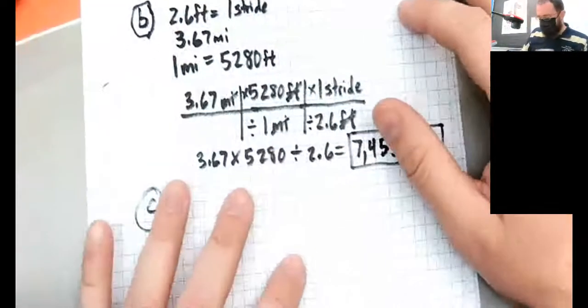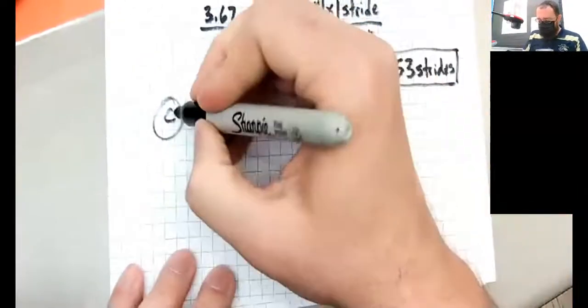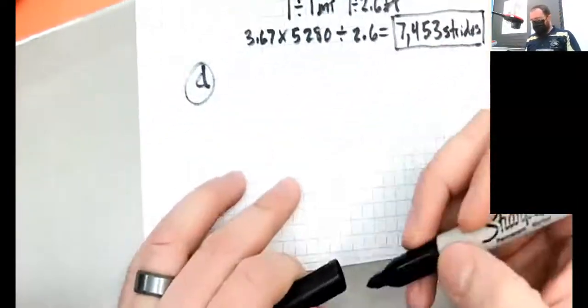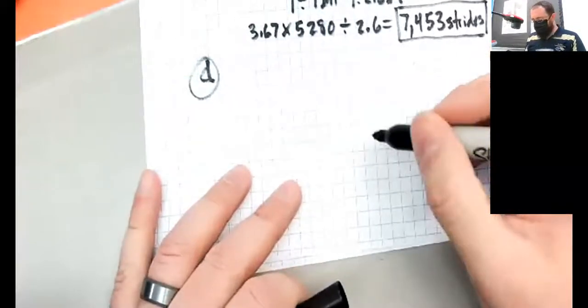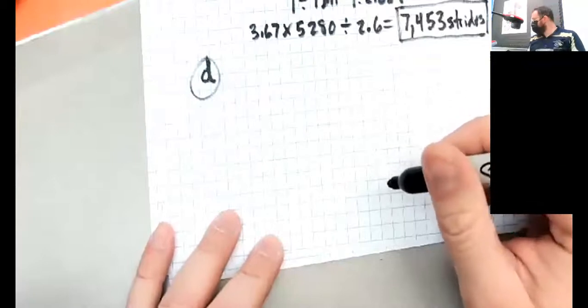I don't know why it takes a while to find this. There it is. Okay. So C you're doing on your own, like I said, of course. So now I'll move to D. You should have gotten like a fourth of an hour, around 15 minutes.